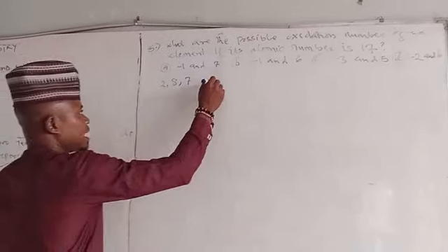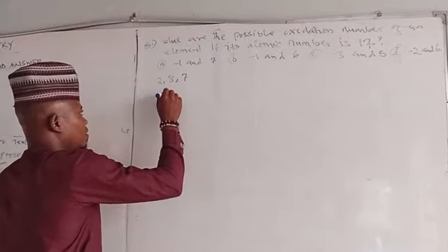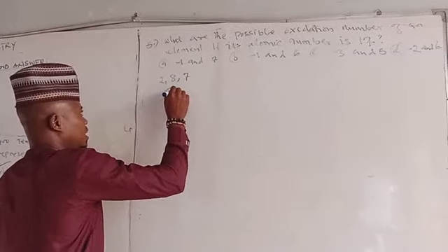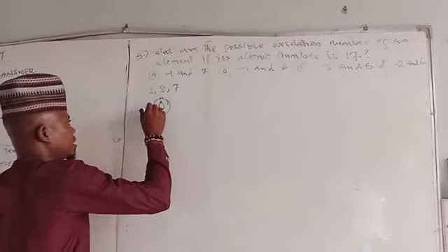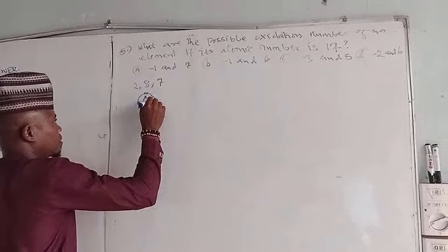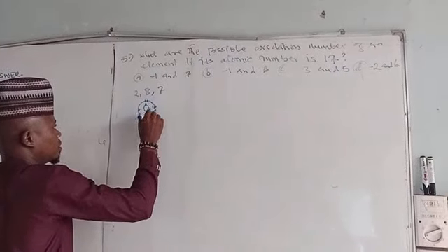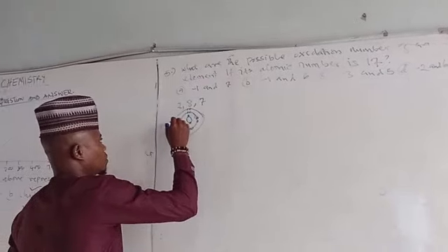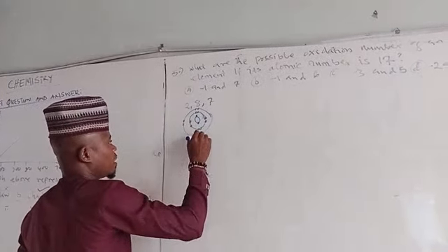The first shell will take 2 electrons, the second shell will take 8, and the third shell will take 7. 1, 2, 3, 4, 5, 6, 7.